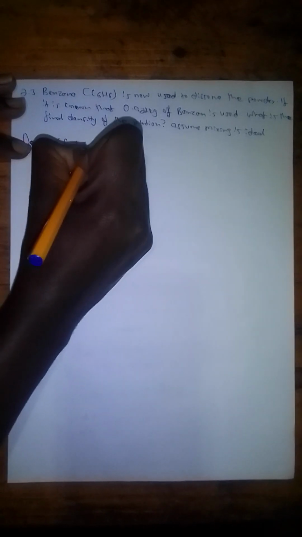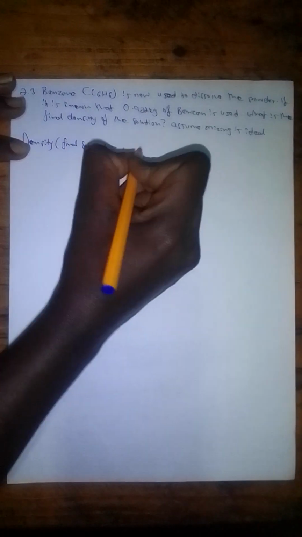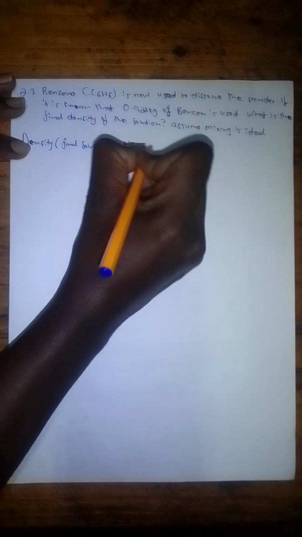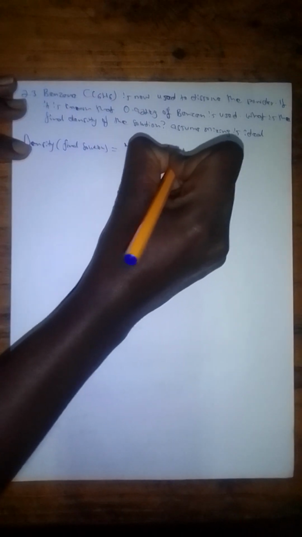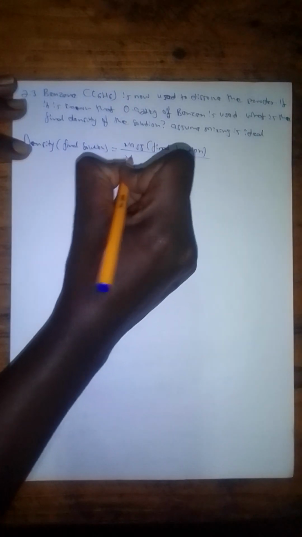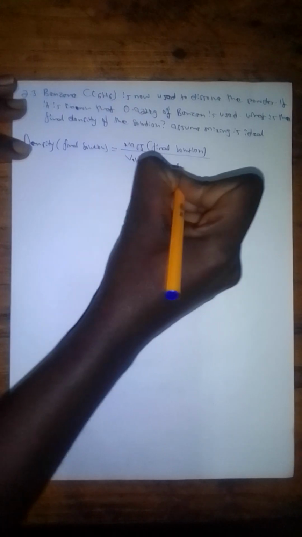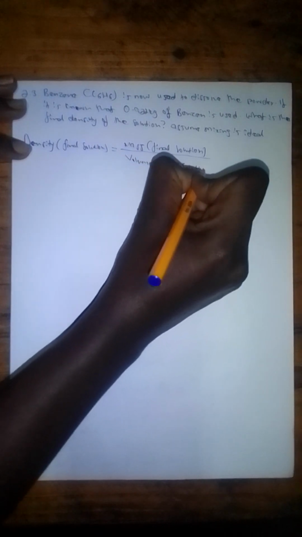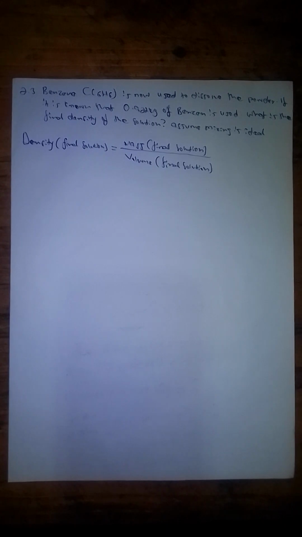Density of final solution is equal to the mass of the final solution all over the volume of the final solution. This is the equation for the density of the final solution.